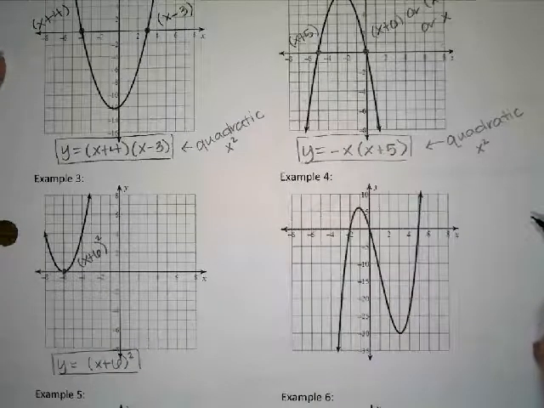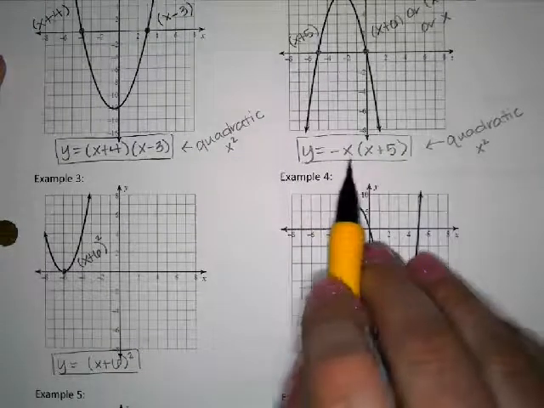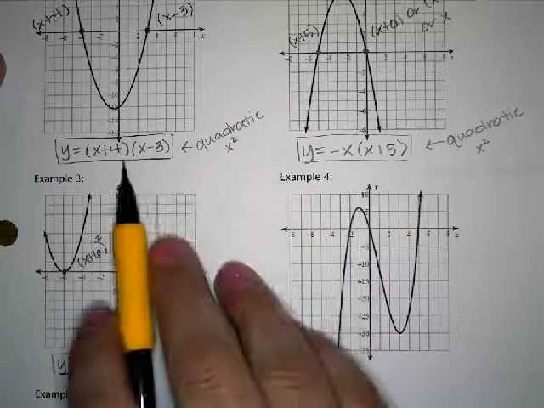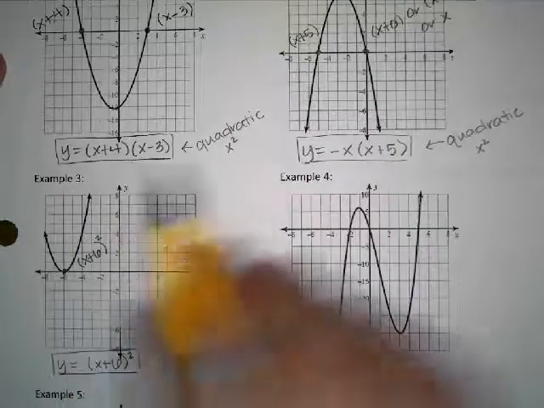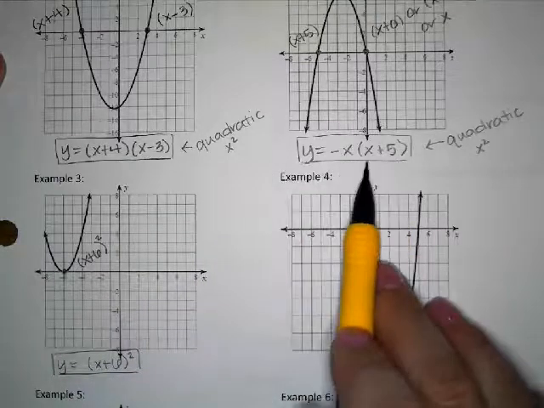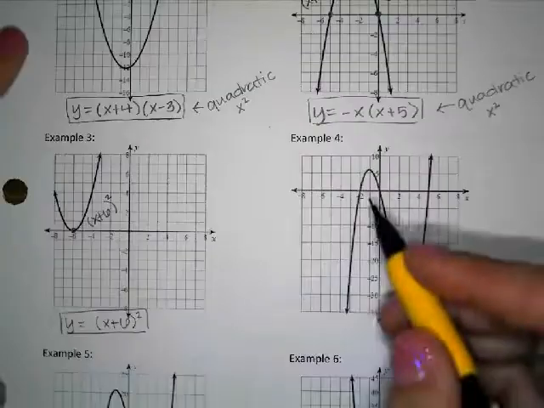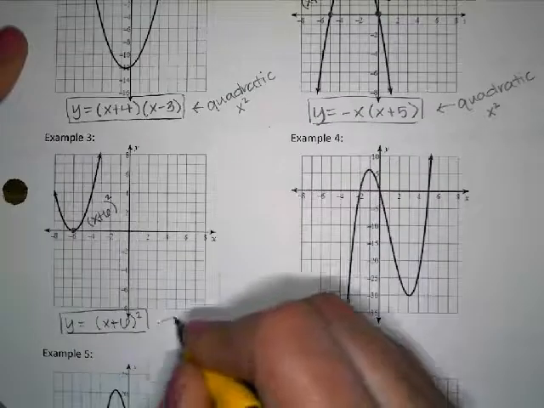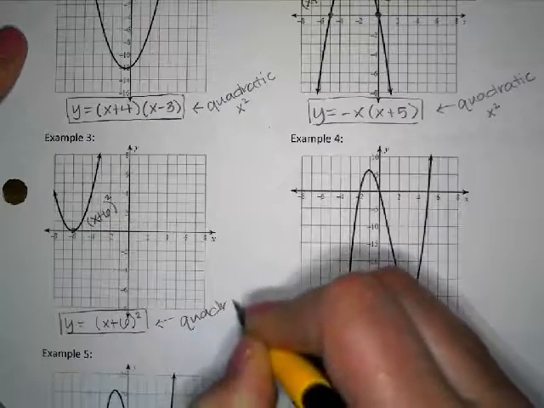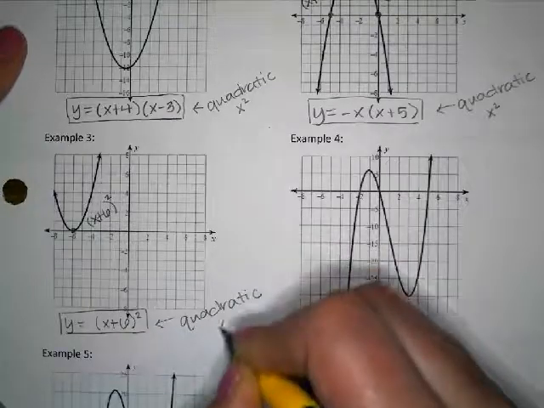And again, we're only not seeing an x squared in the equation because we left it in the factored form. We didn't FOIL it out. We didn't distribute the x. We didn't multiply things. So here, if we multiplied it out, we would see an x squared, but we're not actually multiplying it out.